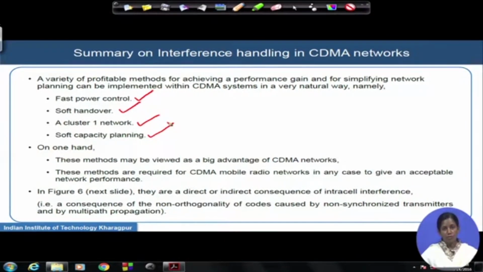Apart from that, multi-user detection, TDMA combined with CDMA, multi-user detection receiver techniques, and smart antenna techniques are also in the list. On one hand, these methods may be viewed as a very big advantage of handling the CDMA network, but on the other hand, for mobile networks to give acceptable performance, at least more than one of them needs to be applied to get a successful performance in the network. And in the next slide, we will summarize more comprehensively.